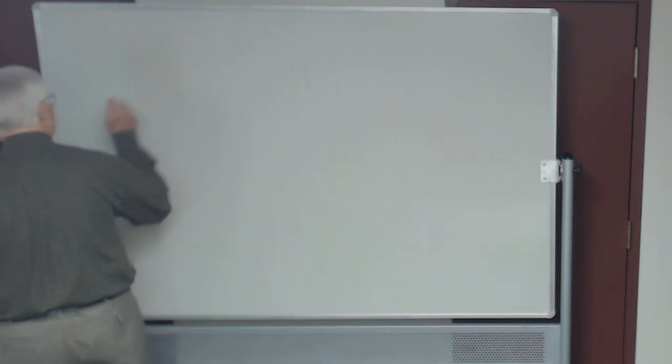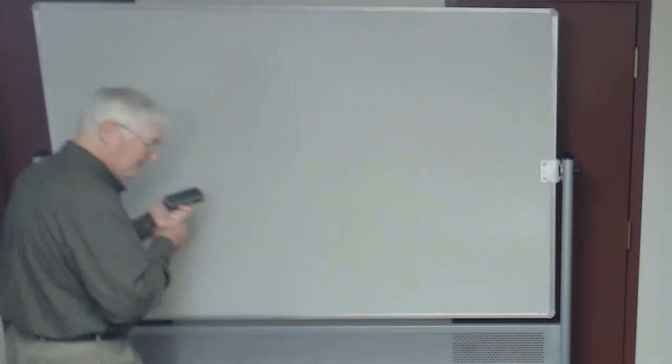How many different measurements? 5, 10, 15, 20. Oh, they're not 20 different measurements. Some of them are repeats. What's the smallest measure? Let me put black up here.